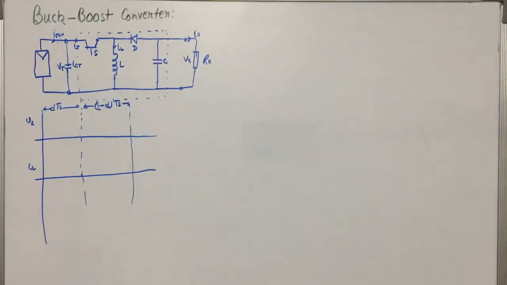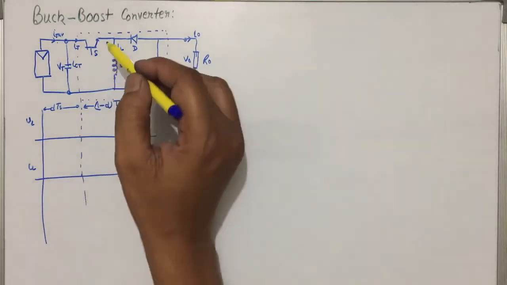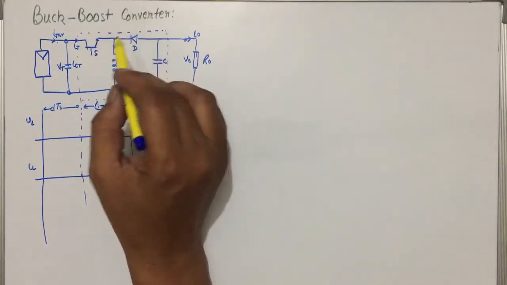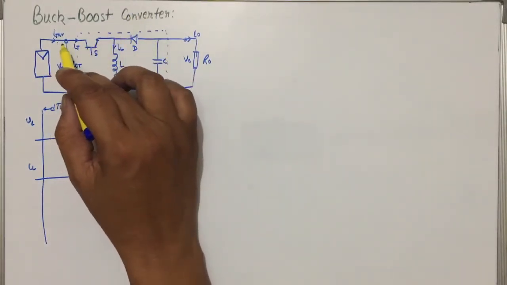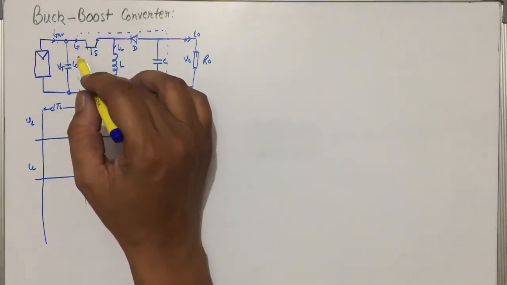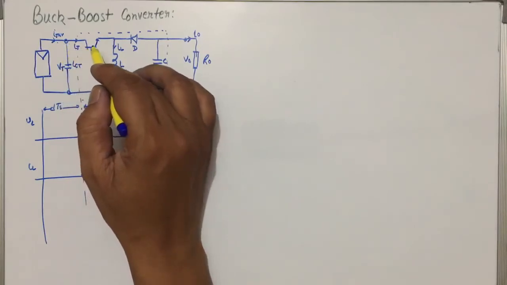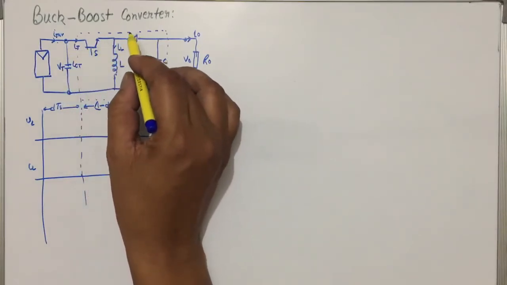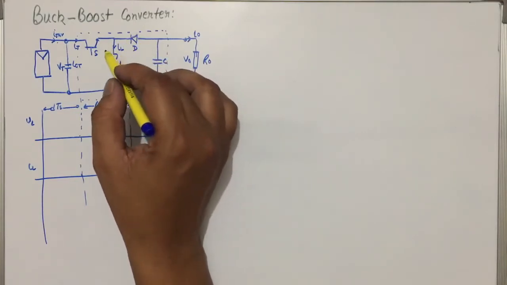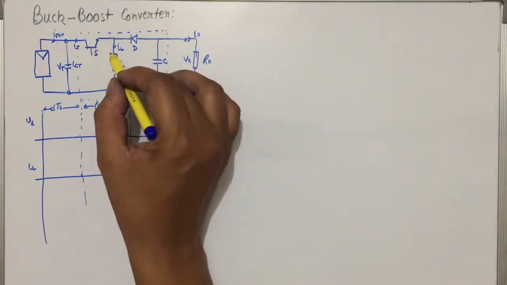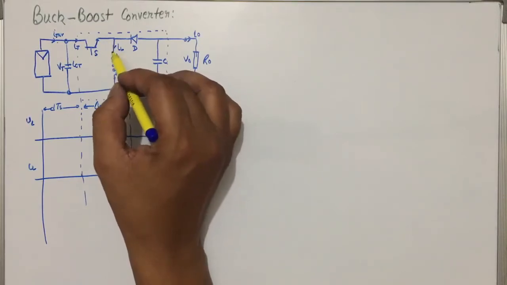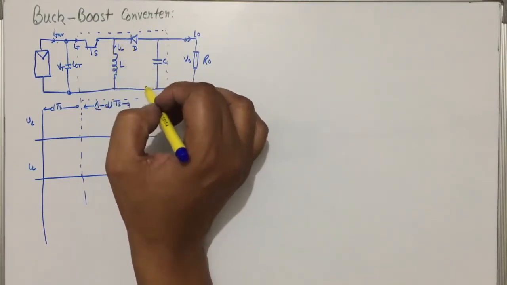Okay, so when the switch is on, the current IT average, it is assumed here IT average, it is IT, the IT current will come and the diode is in reverse bias. When it is on, the capacitor will start charging, so it will be positive polarity, it will be negative, and here will be high potential.